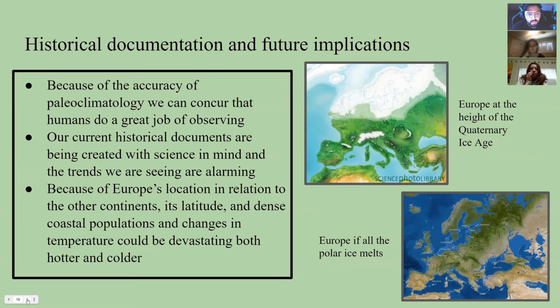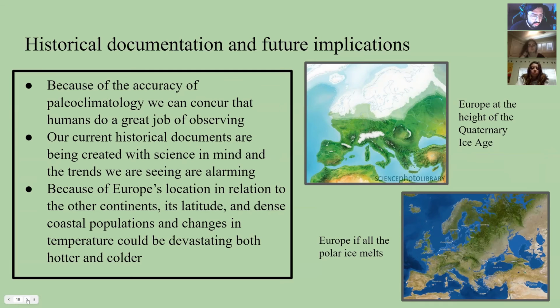As you can see on the pictures on the right-hand side, the top one shows the extent of the glaciers during the height of the Quaternary Ice Age, and below that shows what Europe would look like if all the ice from the polar ice caps melted.